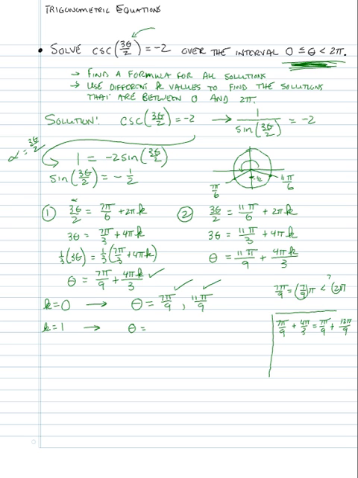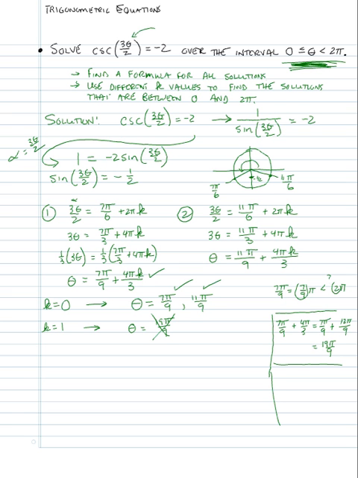Multiply numerator, denominator by 3. And that ends up being 19 pi over 9. Is that right? 19 pi over 9. Oh, 19 pi over 9 is bigger than 2 pi. 19 over 9 is bigger than 2, isn't it? So we got too big already. Let's check one more with the second formula, but it ought to be bigger yet.